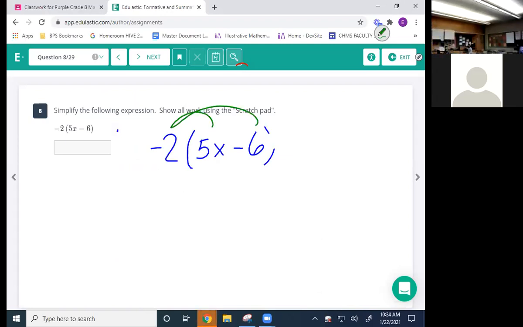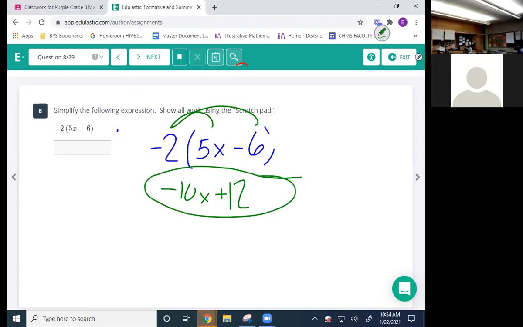Okay. Is there a special math word that we call that? Ian? Distribute. Very good. Negative 10x plus 12. Boom. That is what I'm looking for. You're not able to solve for x because it's not equal to something. It's just an expression, so this would be our final answer for this one.